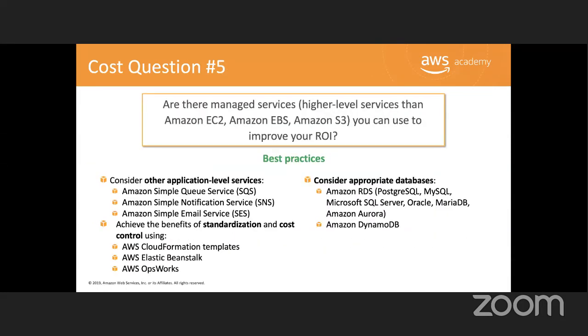We have Amazon EC2, we can consider Lambda, Amazon EBS, maybe S3, Glacier, all the types of EBS volumes, all intended to get a better return on investment. Saving money, that's very important.